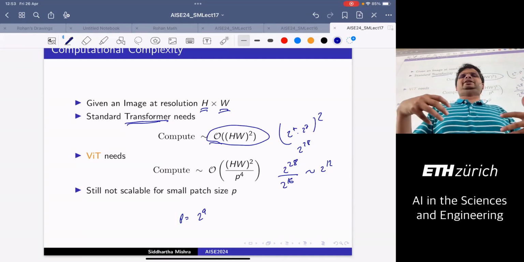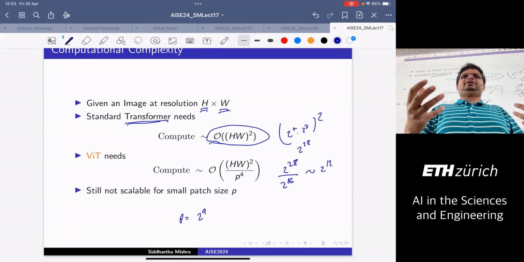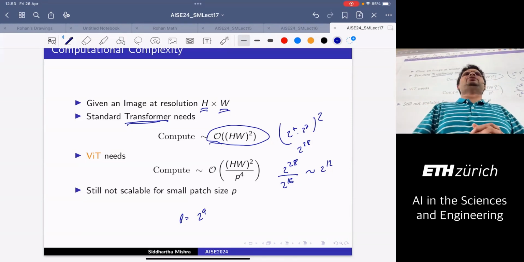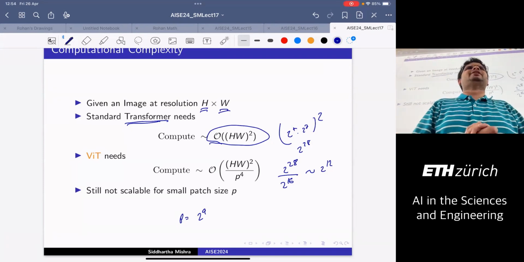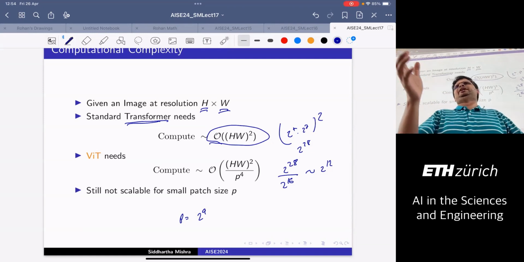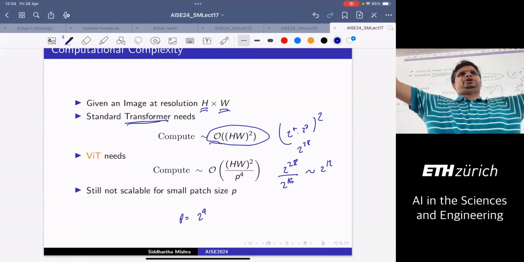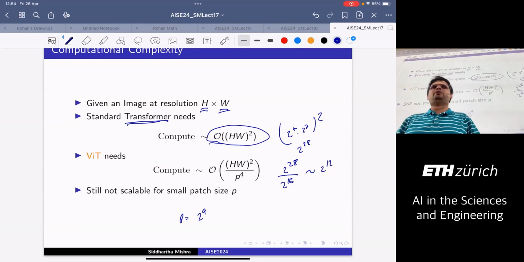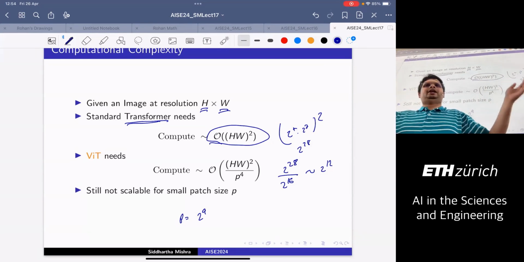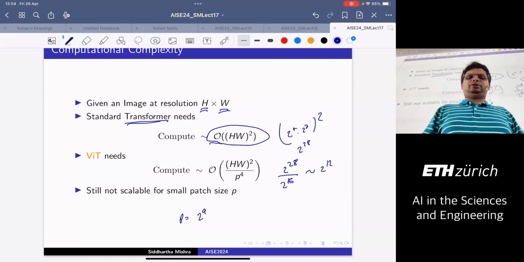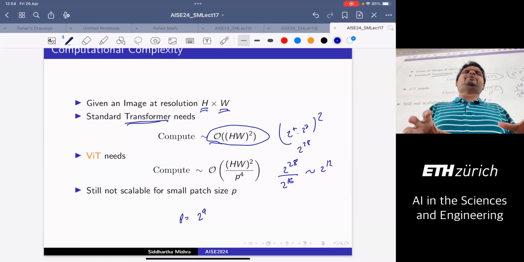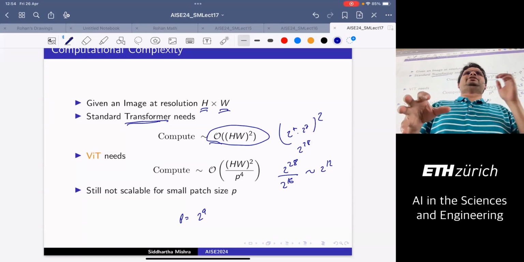But empirically, if you want to do temperature calculations or structural strength calculations and so on, 16x16 is not so good. We have to reduce the patch sizes to 4x4 or 8x8. And then again, the computation scales up, because just by taking 4x4, I would have gotten another factor of 64 here. And that's a big number, you see? So this, in some sense, doesn't scale for the applications that we have.